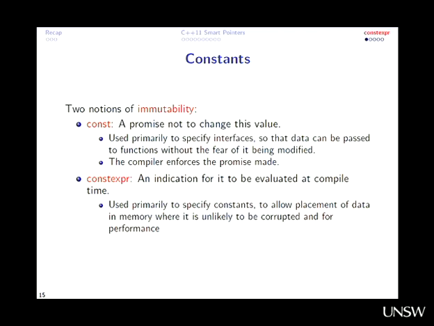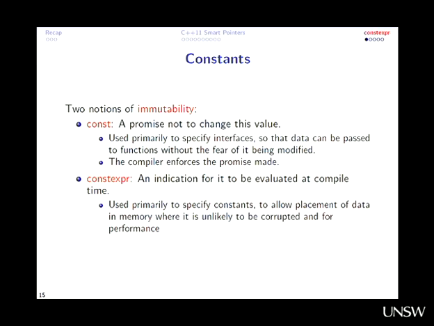A const, or a constant, is a promise not to change the value of something. It's used in defining functions, whereby we can safely pass to and from them with a promise not to change the internal state of an object. And the compiler enforces this promise being made.